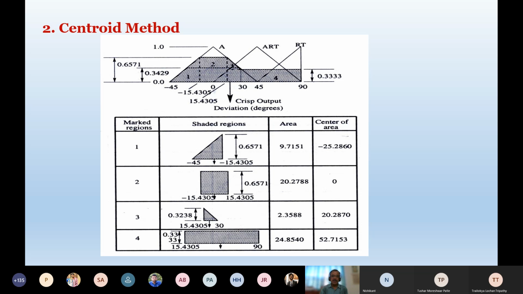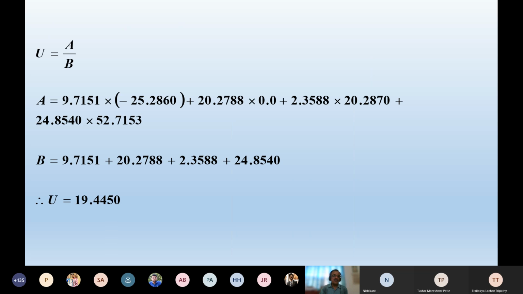You find out area and center of area for each. Then you use this particular technique to find out the crisp value. And if you calculate, you'll be getting 19.4450. So this is how to implement the centroid method.